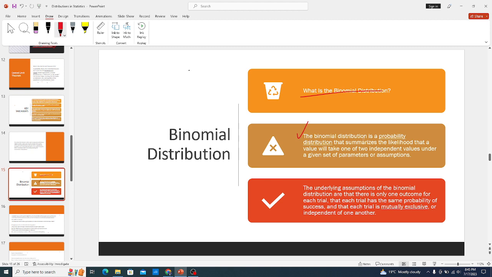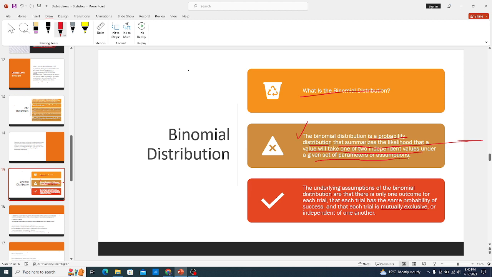The binomial distribution is a probability distribution that summarizes the likelihood that a value will take one of two independent values under a given set of parameters. Let's assume we are tossing a coin. Once we toss a coin, we know of two possible outcomes: either we get a head or a tail.